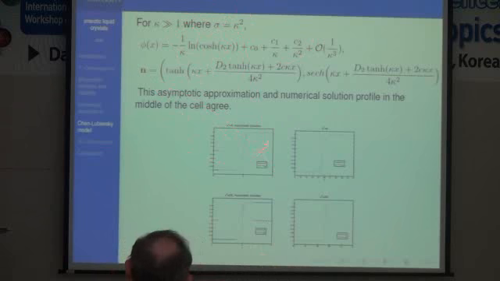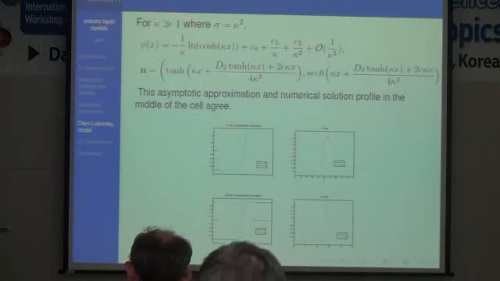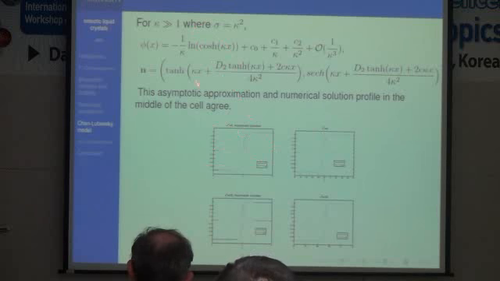But it just gives a nice consistency between the numerical simulation and this approximation. So we use the asymptotic analysis in this case, and this is the graph. This is a graph using the asymptotic analysis, and this is a graph from the numerical simulation, and they have a good agreement.